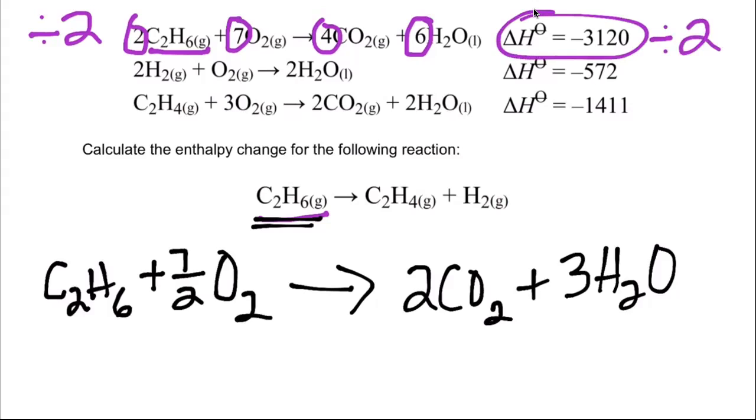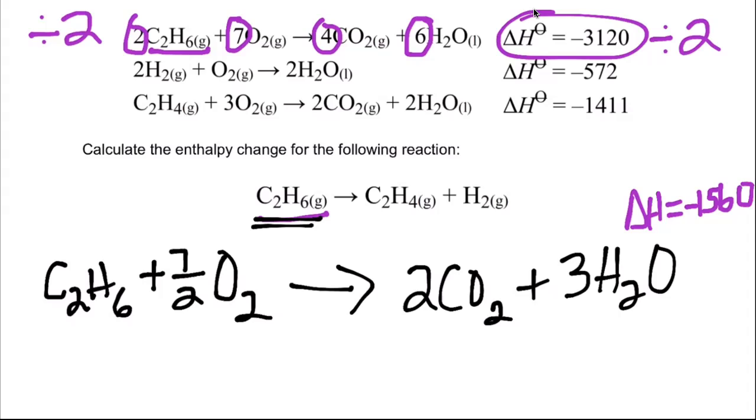So that means now, and I'm going to rewrite it here, my new delta H for this reaction is negative 1,560 if you divide by 2 on that one. Let me verify. Yes, negative 1,560. Okay, so that's our first one.